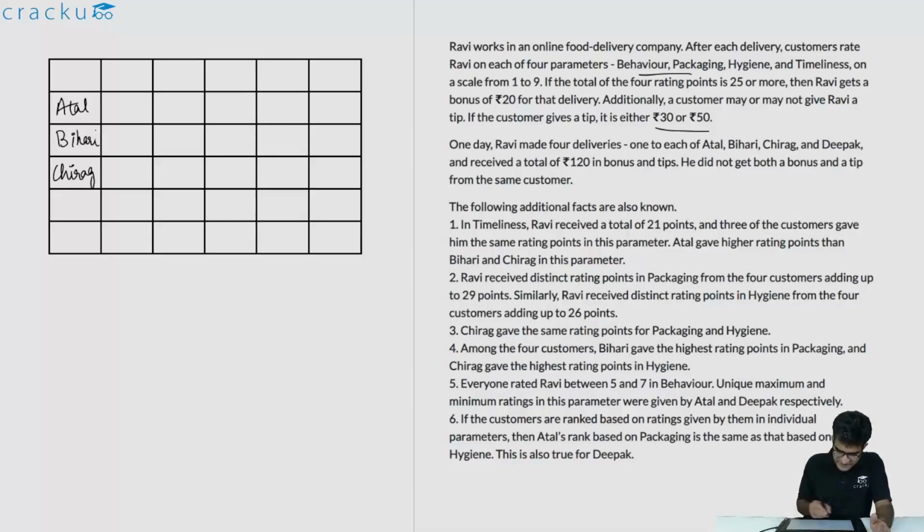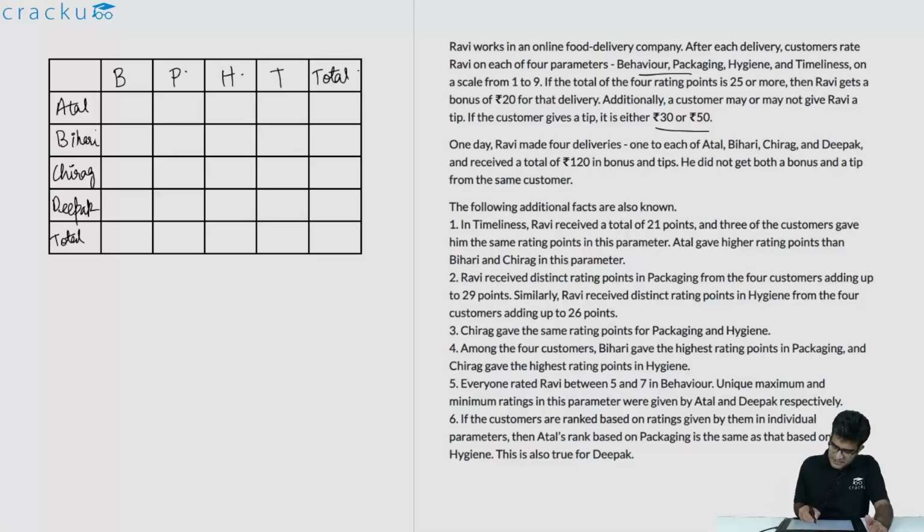And finally, we have Deepak. And the 4 parameters are also given. The 4 parameters are behavior, packaging, hygiene, timeliness and total. This is also the total across each of the parameters. Let us go through all the clues and then we will come back and try to fill up the table.